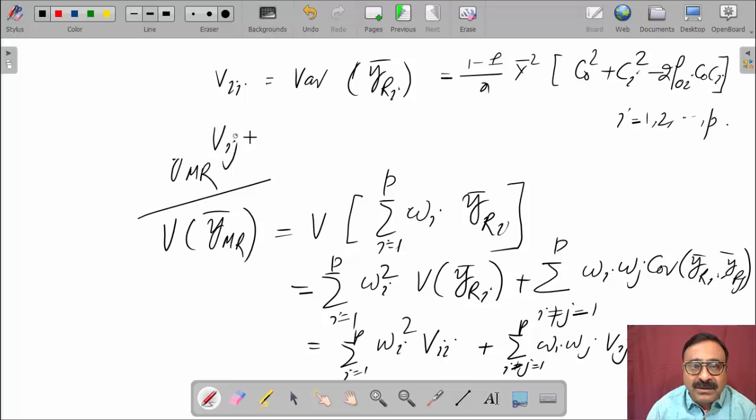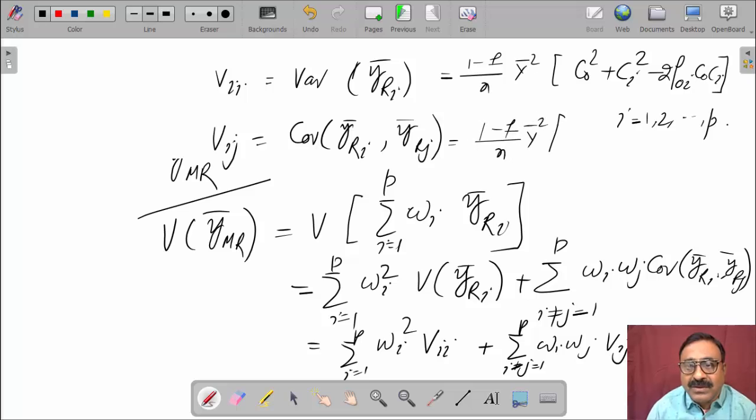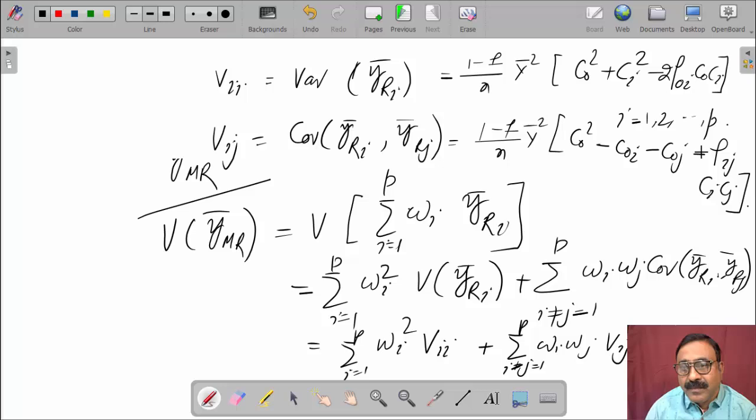Now Vij is equal to the covariance between the ratio estimator based upon the ith auxiliary variable and the jth auxiliary variable. This is also equal to (1 minus f) by n y bar square times c0 square minus c0i minus c0j plus rho ij ci cj.